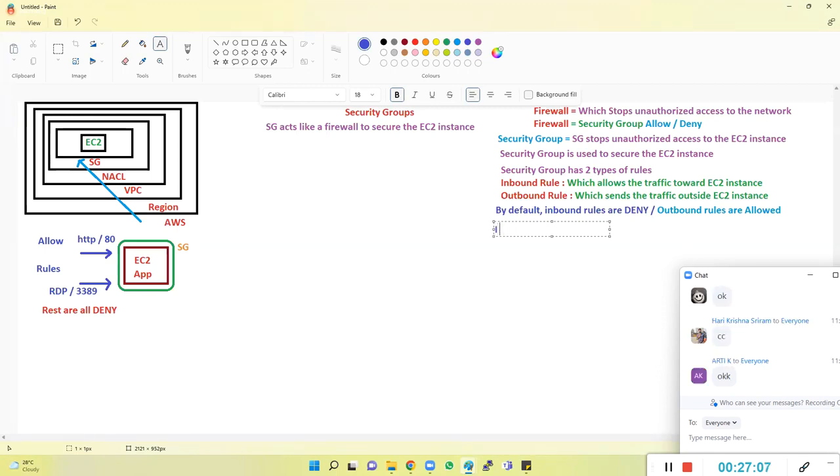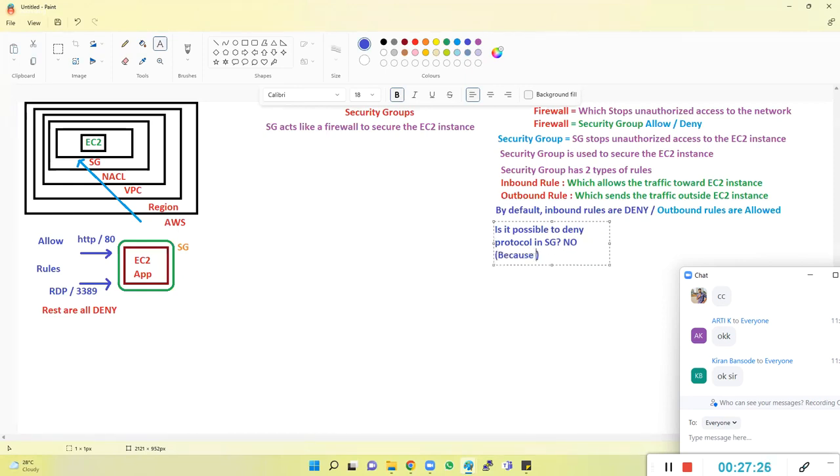Is it possible to deny a protocol in a security group? The answer is no. Why? I'm writing all these things for you.